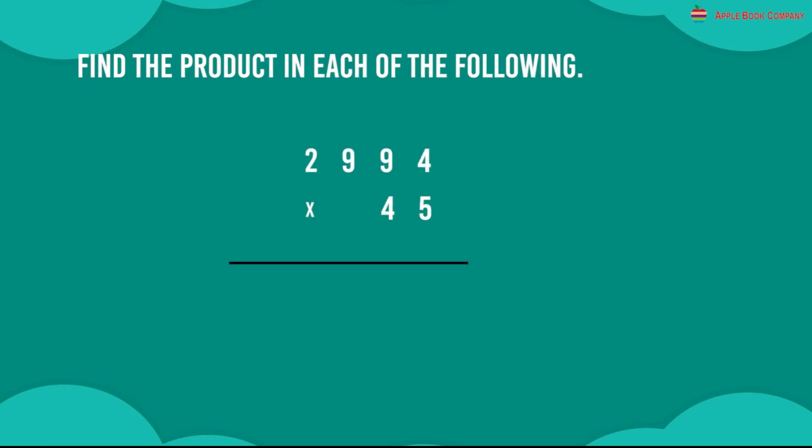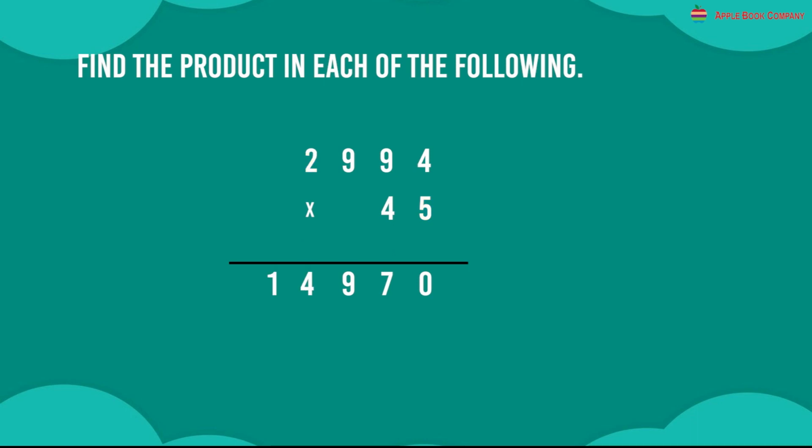Next, find the product in each of the following. Let's see one example. Let's start from 5. 5 multiplied by 4 is 20. 5 nines is 45 plus 2 is 47. 5 nines 45 plus 4 is 49. 5 twos is 10 plus 4 is 14.